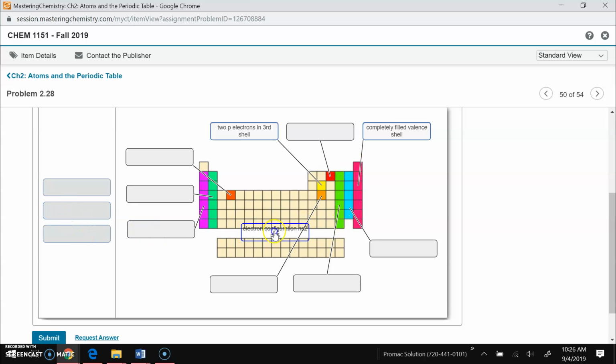So the only choice for that is this choice. You can't choose the green because that would be p4. You can't choose the orange because that would be p2. You can't choose the red on the far right because that would be p6. And you can't choose the darker red because that would be p3. That's how you matched this to the appropriate location.